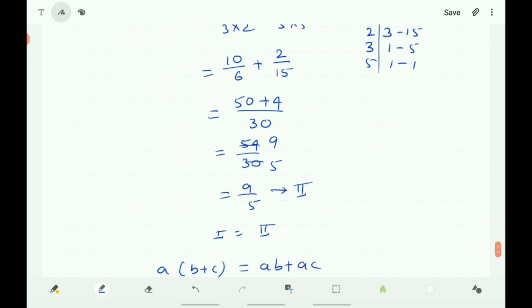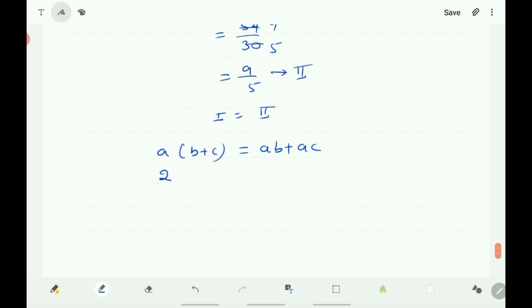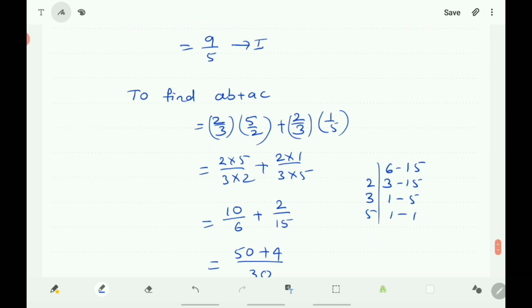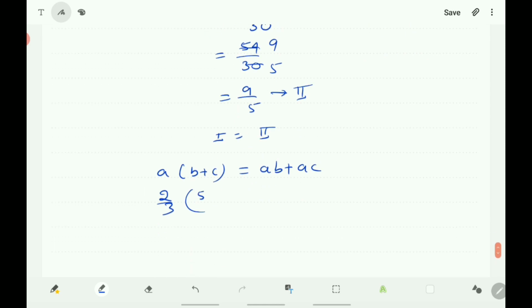2 by 3 into B plus C, that is 5 by 2 plus 1 by 5, is equal to 2 by 3 into 5 by 2 plus 2 by 3 into 1 by 5.